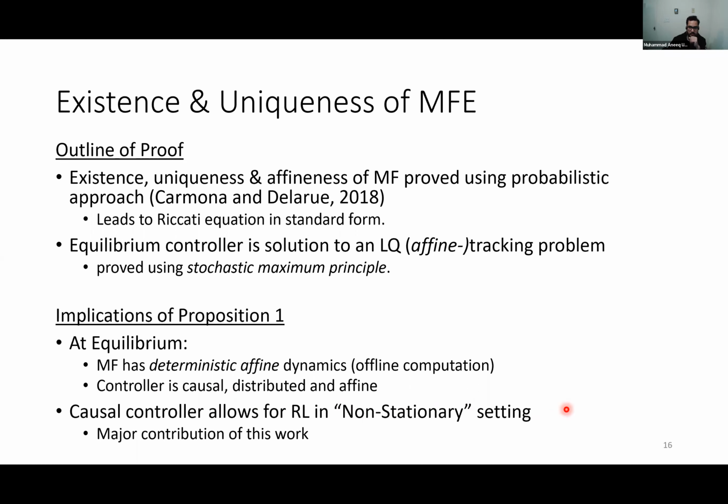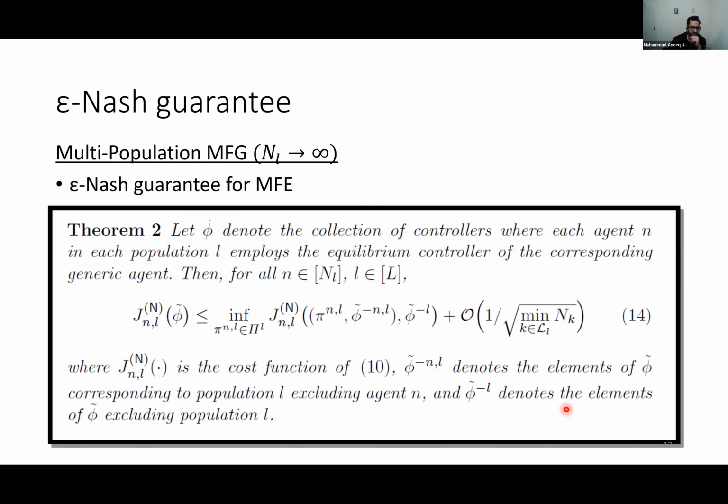So let's move forward to the epsilon Nash guarantee, and then after that we can move to the RL algorithm. The epsilon Nash guarantee is pretty similar to that of the single population game, where each agent can at most gain this epsilon if it deviates from the equilibrium. Now, this is for the finite population game.